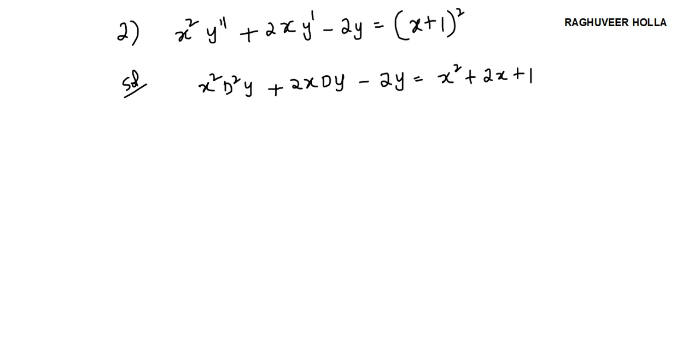Now if I take y as common, so I get x square d square plus 2x d minus 2 multiplied by y. So this is x square plus 2x plus 1. Fine.